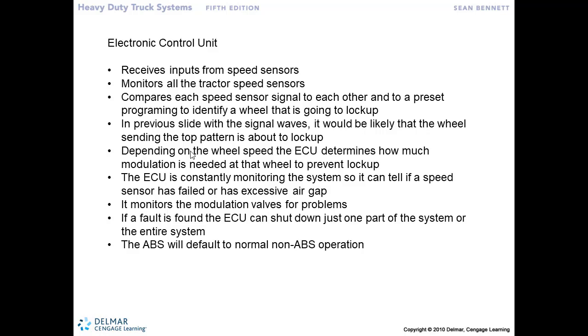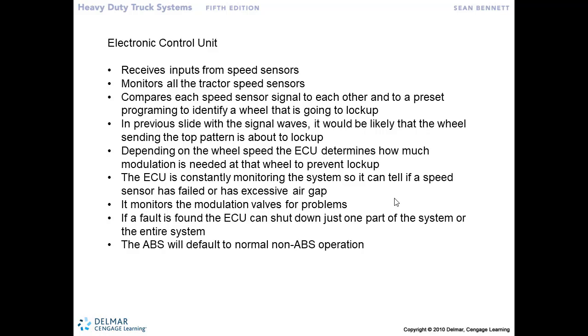And lastly, it can add pressure, release the pressure, that pulsing we typically feel from an ABS system. Again, it's constantly monitoring that. If it finds that whatever action it took is improving or not improving the situation, its logic tells it what to do from then on.